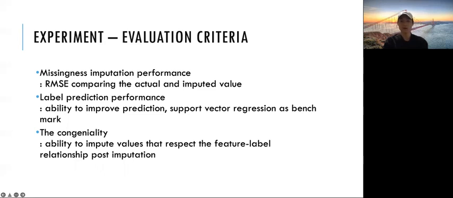Label prediction performance is the ability to improve the post-imputation prediction, and for benchmark, support vector regression is used in all cases. The congeniality is the ability to impute values that respect the feature label relationship post-imputation. So the root mean square error of support vector parameters learned from the complete dataset and the imputed dataset are evaluated.